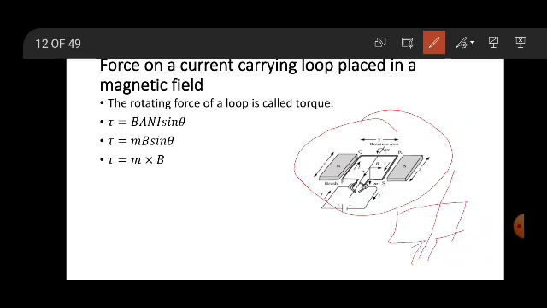Remember, this loop is carrying current. So if you place it in between a magnet, north and south pole, guess what? It will experience a force. That force it experiences causes it to rotate.